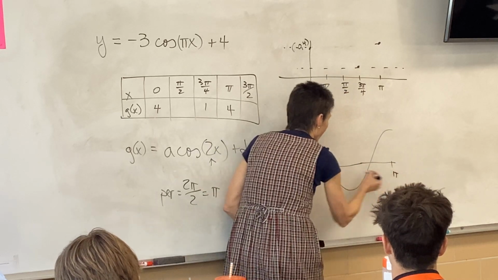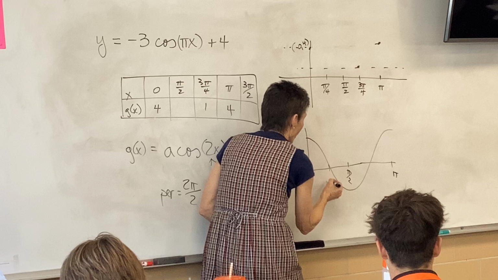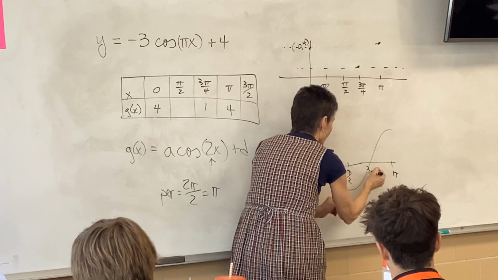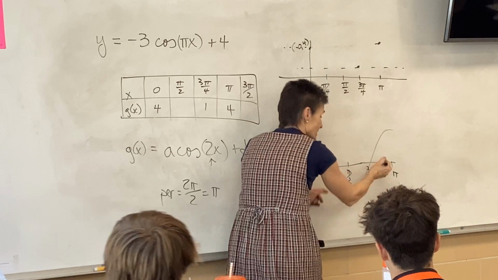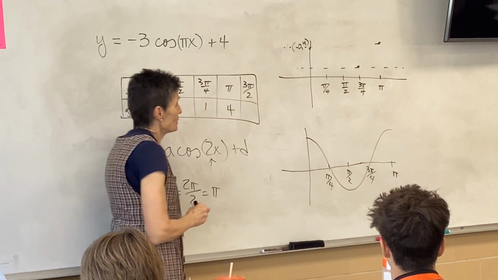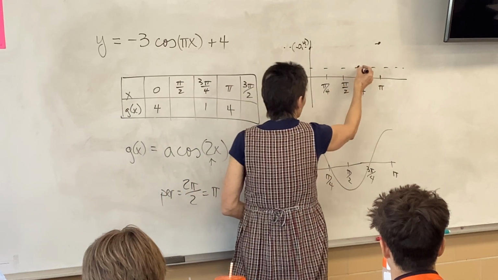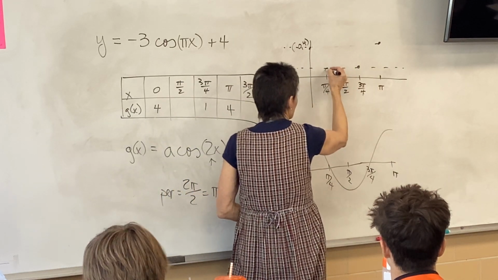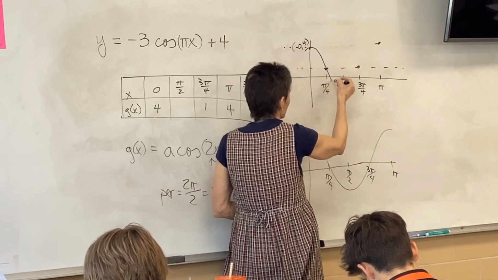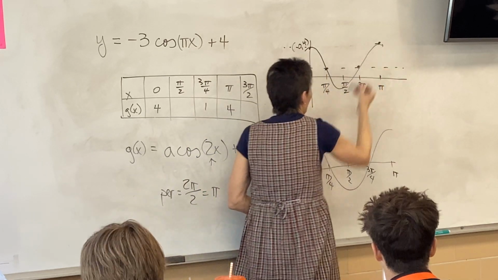So we'll call that pi. Here's pi over 2. Aren't these two, the middle of this and the middle of this, aren't those on your axis, aren't those midline points? So that point is on the midline, isn't this one? And this curve is doing something like that.